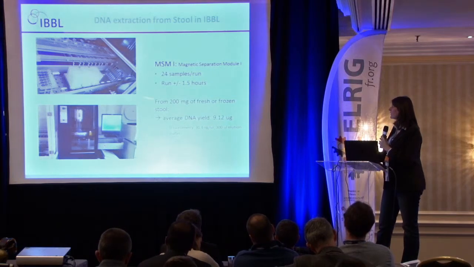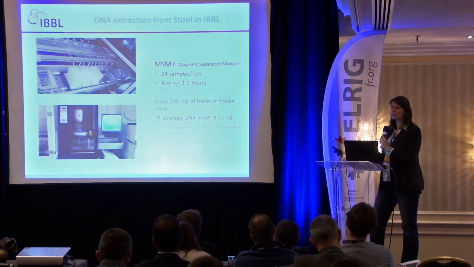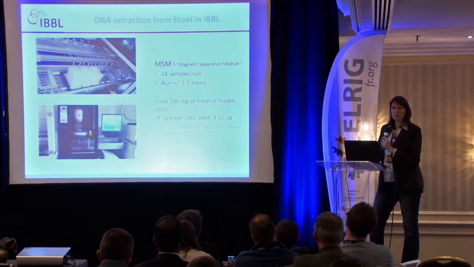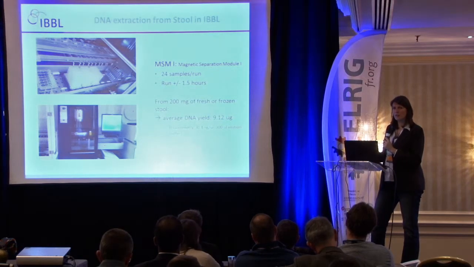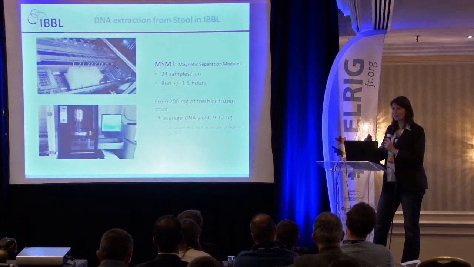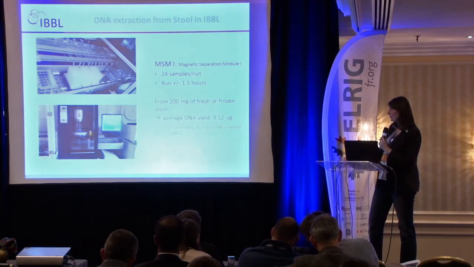And from 200 milligrams of fresh or frozen stool samples, we get on average around 9 micrograms. For the moment, we are working on a solution also to integrate the liquid handling part into this. But it's quite tricky because stool samples can have different consistencies in the beginning. But we are working on it, and we hope to be able to come up with a solution very soon.